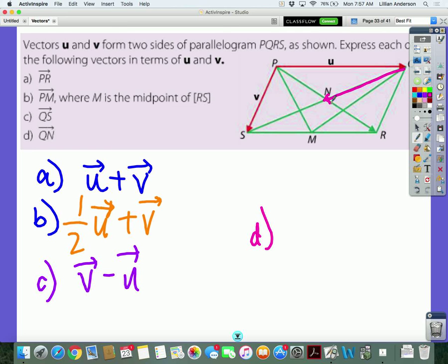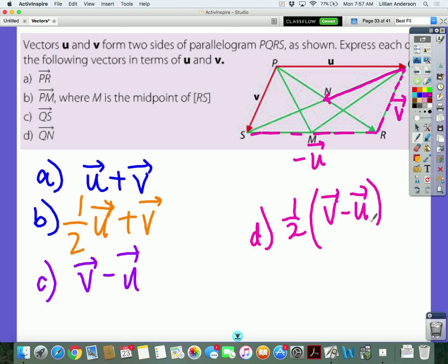And it's almost as if we know that this is b, this is negative u, so it looks like it's half the resultant of b minus u. We could also write it as 1/2 b minus 1/2 u. Okay?